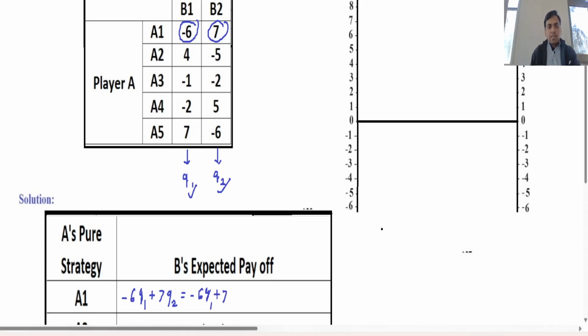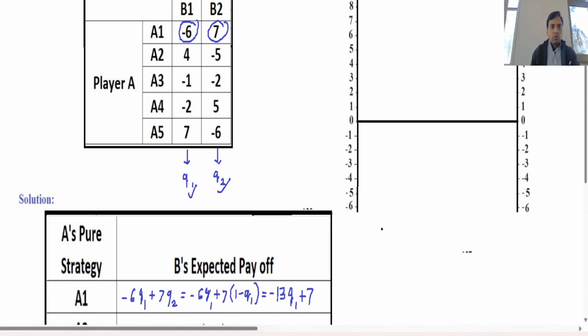So you can write this as 7 into 1 minus Q1. And on solving we can write this as minus 6 Q1 and this is minus 7 Q1. So total is minus 13 Q1 and plus 7. So we will follow this process for all A's strategy.